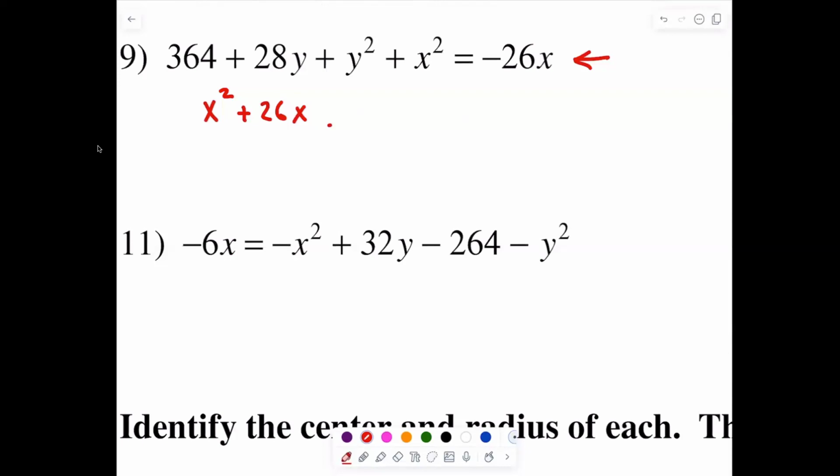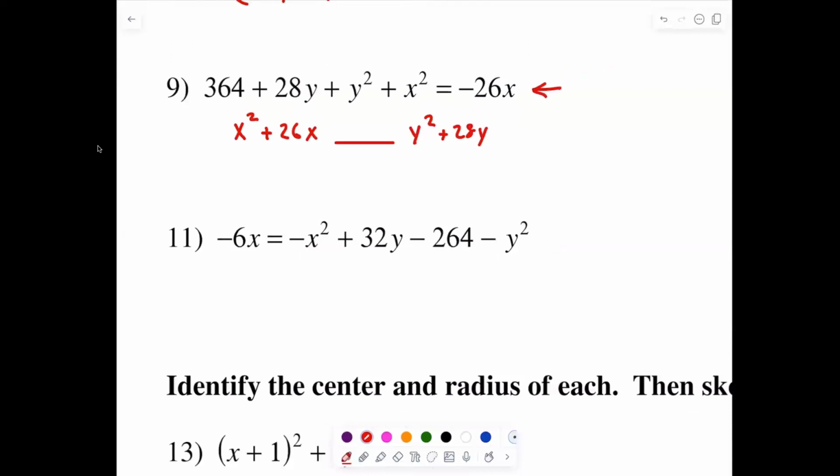Then we leave a space, y squared plus 28y, and leave a space, equals negative 364. Why is it negative 364? Because I want the constant away from the variables.